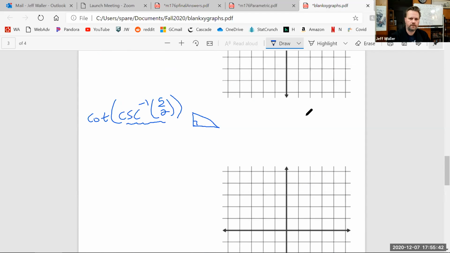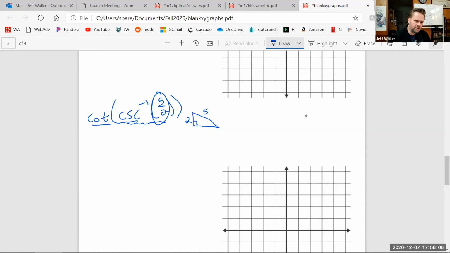All right. So where does 5 go? Where does 2 go? 5 goes on the hypotenuse and 2 goes on the left side of the right angle. The y-axis, yeah. Yes. Because cosecant is related to sine.